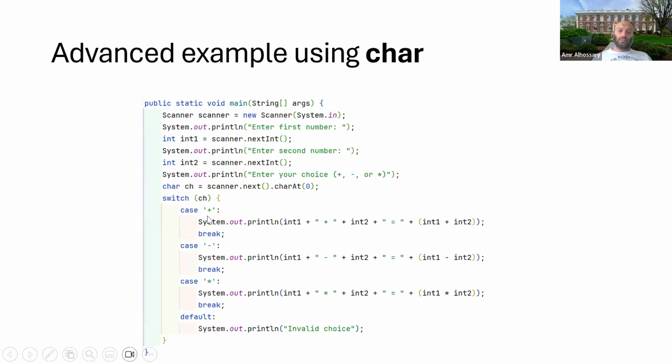So I can use case plus. Notice that when you write a character literal, you write it between a pair of single quotes, not double quotes like the string. Single quote and double quote are on the same key on the keyboard, the one to the right of the semicolon. One with shift and one without shift.